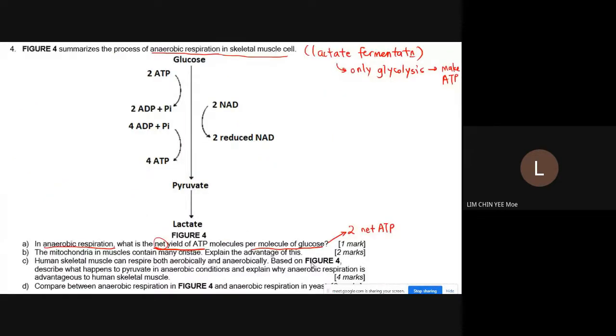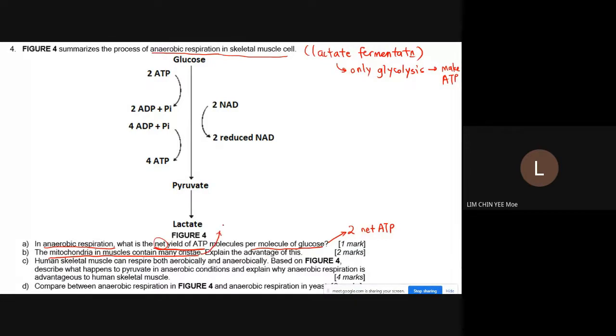And then this one, what is the net yield of ATP molecules per molecule of glucose? 2 net, because they clearly ask for net. B. The mitochondria in muscles contain many cristae. Explain the advantage of this. Right, what is cristae?